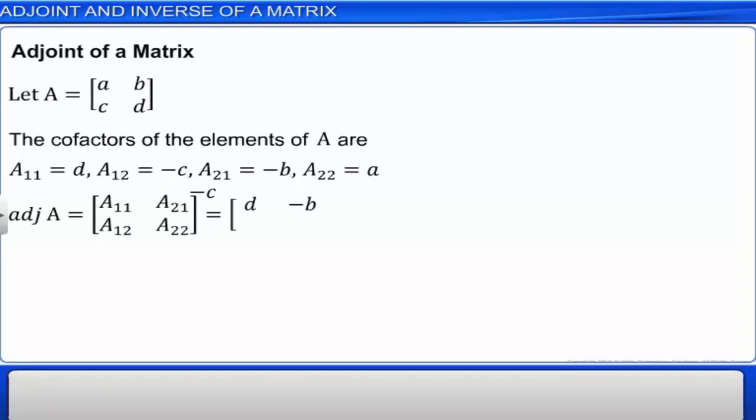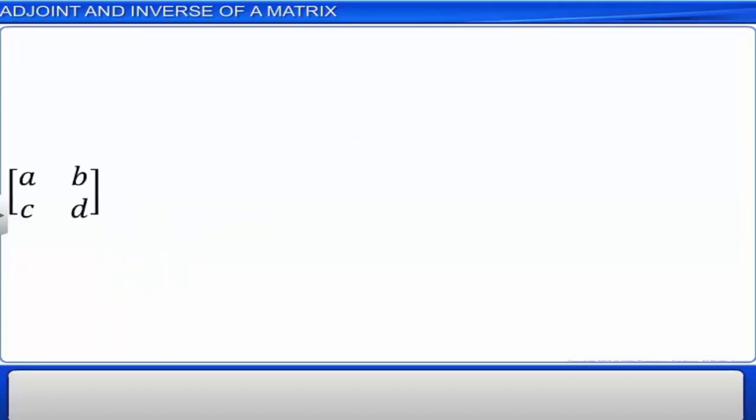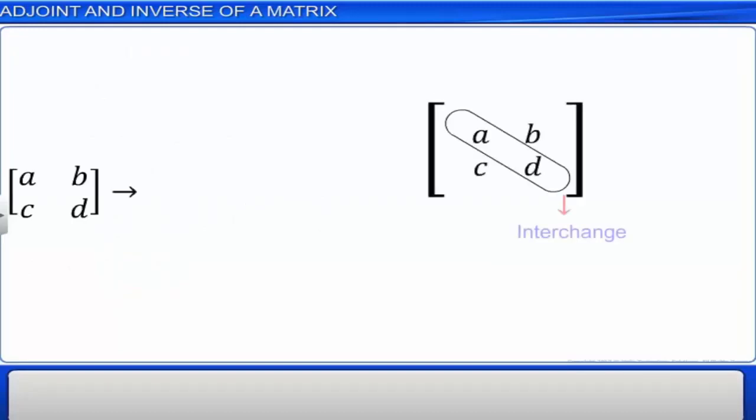So, the adjoint matrix has D and -B in the first row and -C and A in the second row. The adjoint of a 2x2 square matrix can be obtained by interchanging A and D and by changing the signs of B and C.